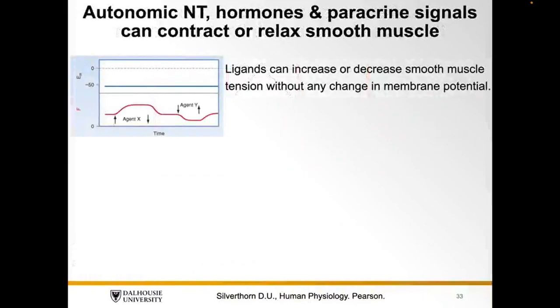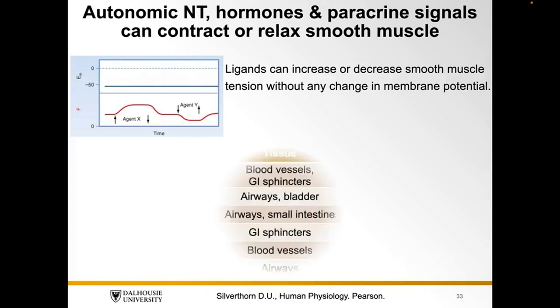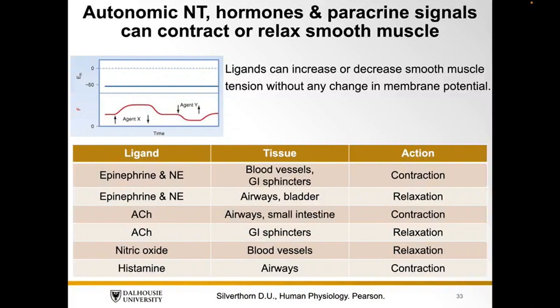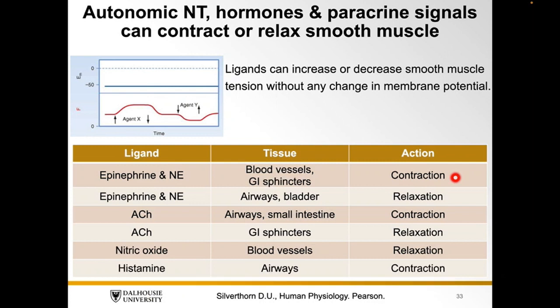And finally, as we said, ligands or chemical signals can increase or decrease smooth muscle tension without any change in membrane potential. Here's a few examples of ligands that will either contract or relax your smooth muscle cell. Epinephrine and norepinephrine in some tissues lead to contraction.